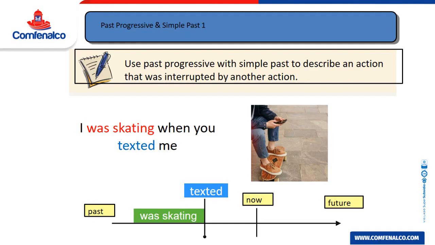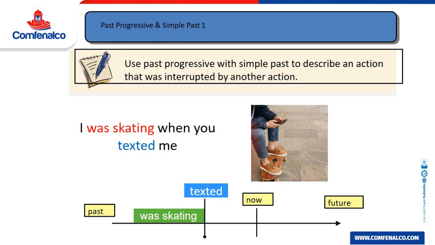Este es el objetivo principal de este video. Cómo utilizarlo, how to use the past progressive and the past simple in the same sentence, okay? And the function is to interrupt an action. La función, el objetivo principal es cómo utilizarlos para interrumpir una acción, okay? So let's see the function. We use the past progressive with the simple past to describe an action that was interrupted by another.